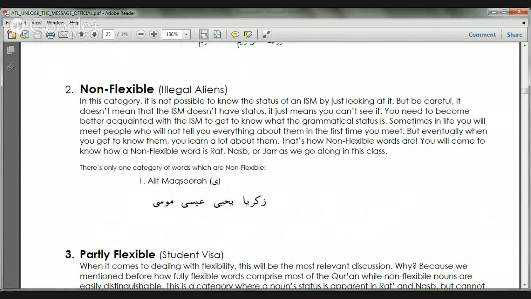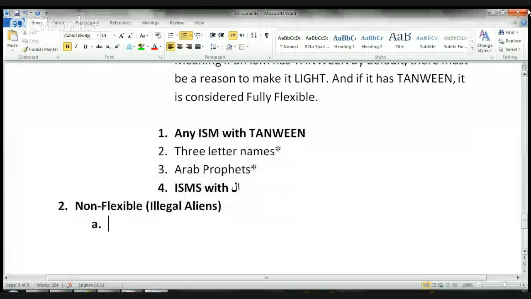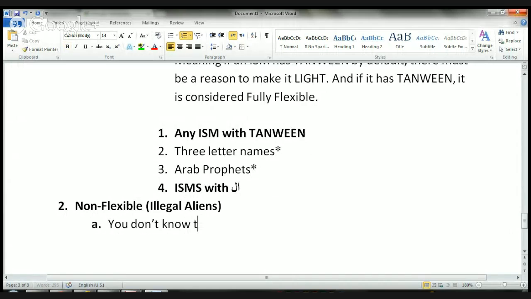For example, Zakaria, Yahya, Isa, Musa, Al-Wusta. So I'll write that here as well. You don't know their status by just looking at the word.